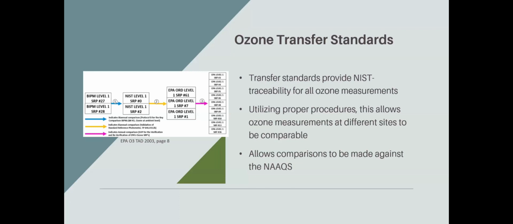And I believe those SRP 2728, which are like quote unquote the God standards, reside in France. So basically, the whole world, if you're making ozone measurements the right way, everyone's traceable back to an original set of standards. And that's what makes all the ozone data intercomparable, and then we can actually compare it against the NAAQS and make decisions from good quality data.